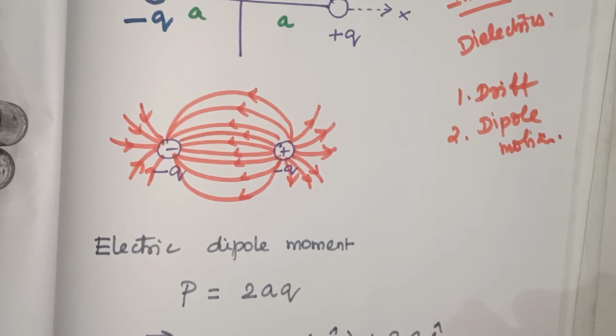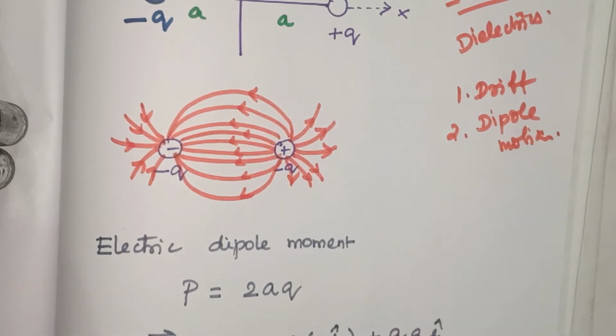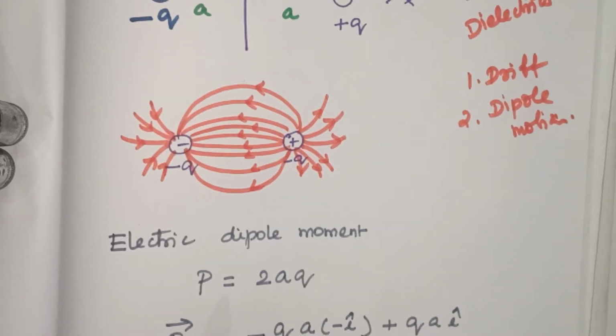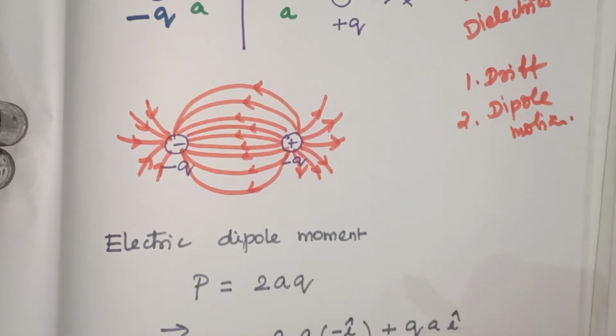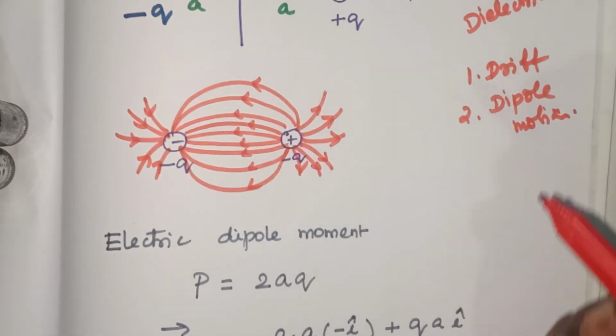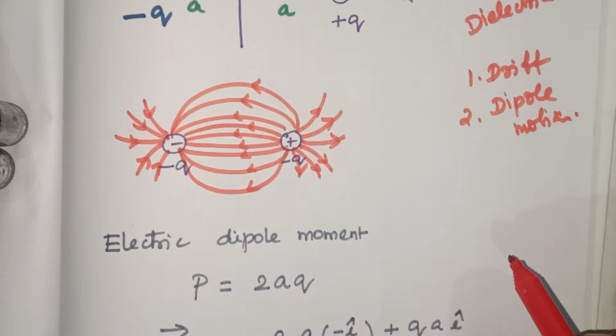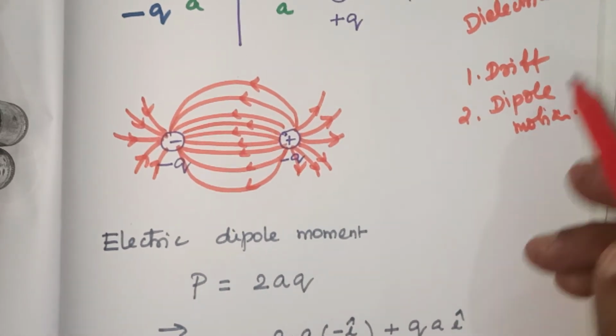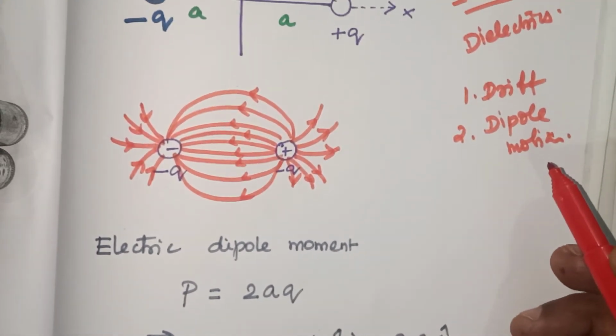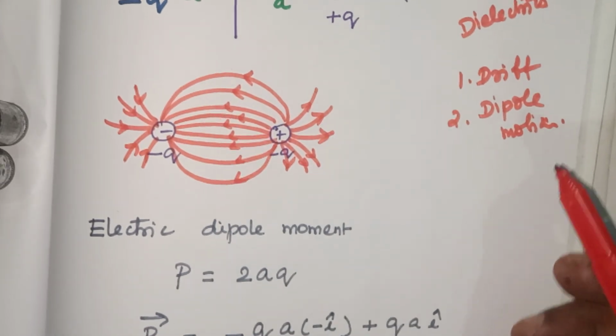So not only drift motion, it also has a tendency to twist because of the moment. This property is called dipole moment. Got it?